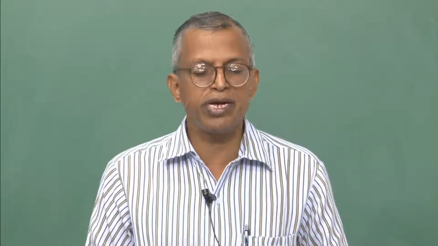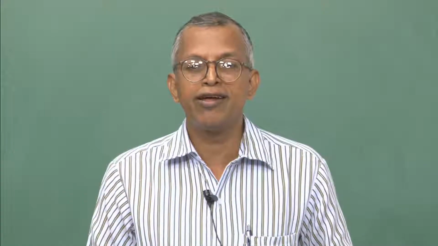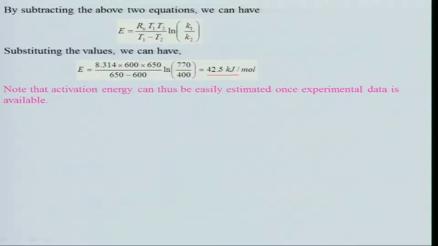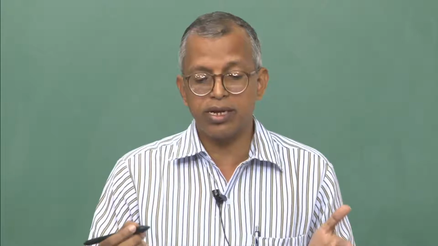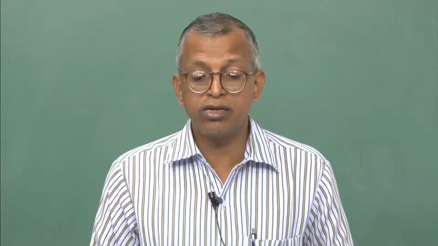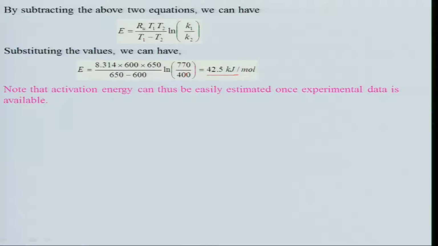In this example, it is only a 50 Kelvin difference, and the specific reaction rate has changed from 770 to 400. So, it is very important to conduct the reaction under isothermal conditions, right.